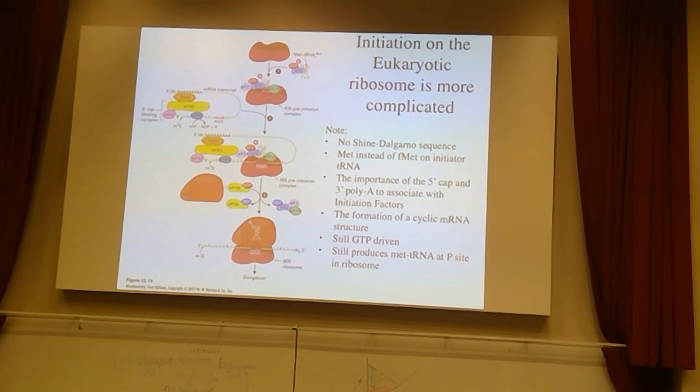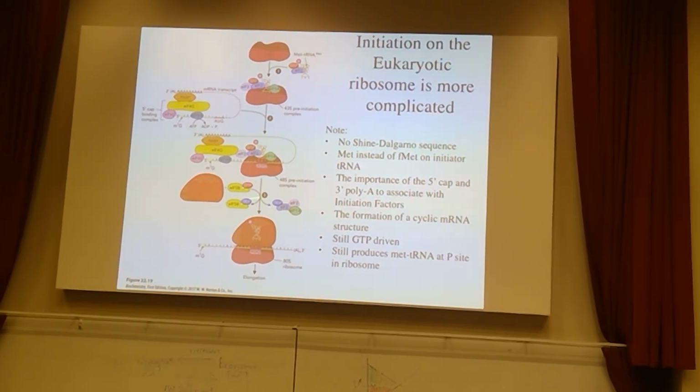Eukaryotic ribosomes, just like when we've been talking about other polymerases, are quite a bit more complicated. You don't have to spend too much time and effort thinking about this. There isn't any Shine-Dalgarno sequence, at least not too often.